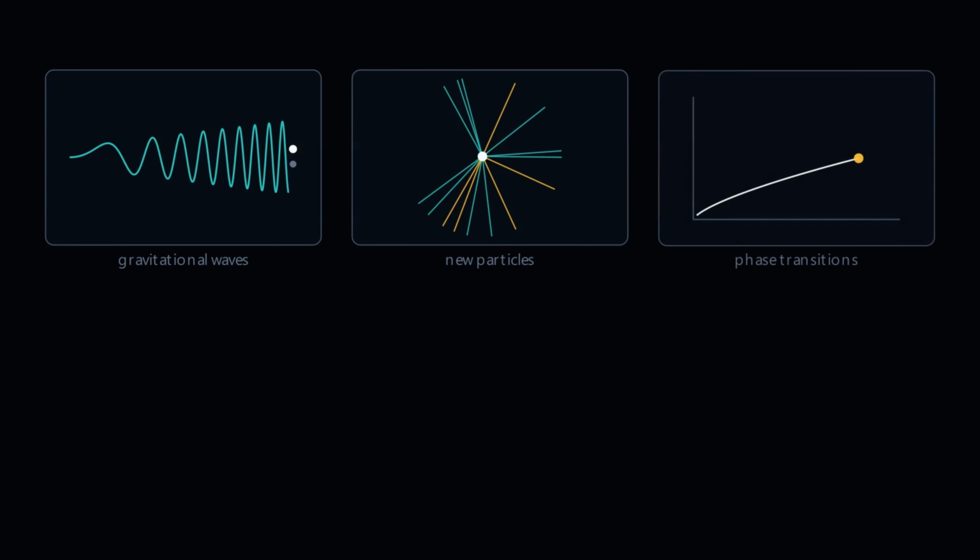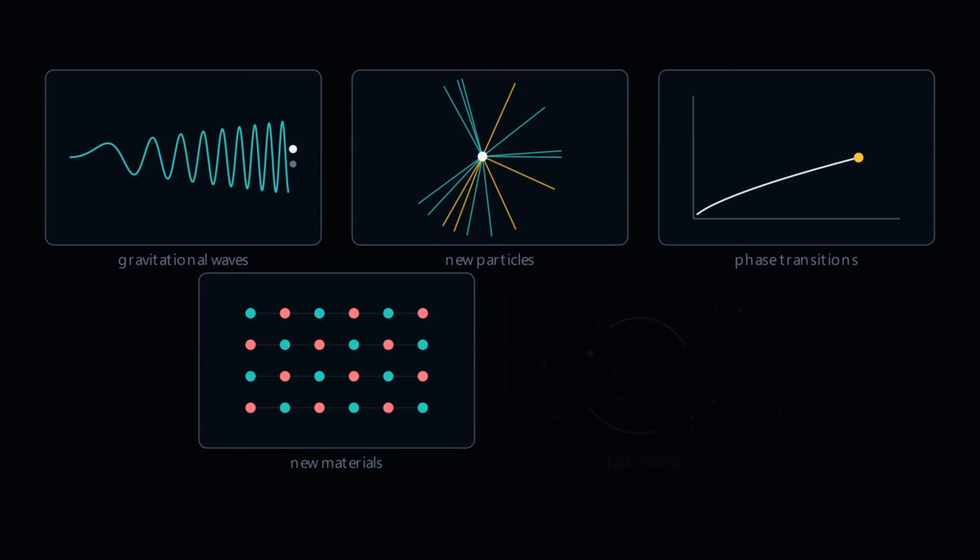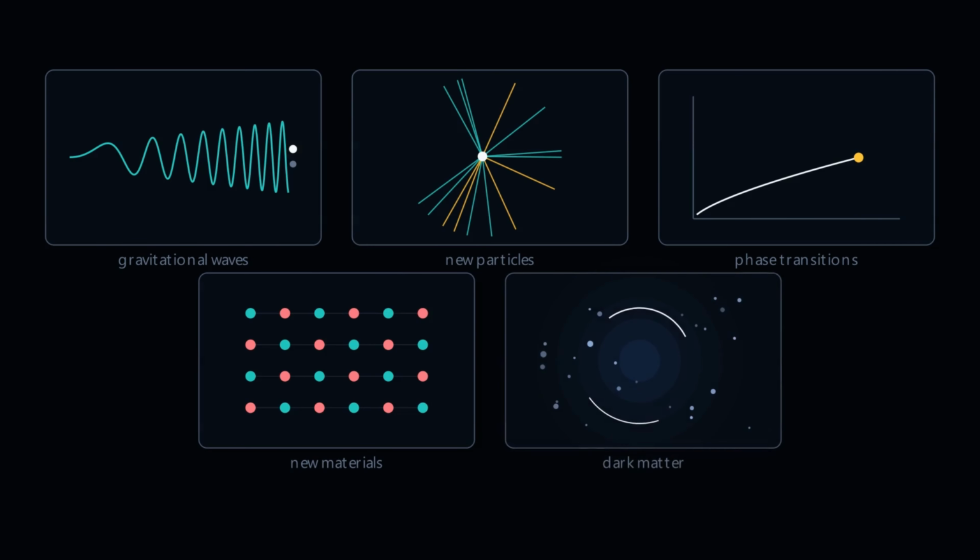Physics uses AI to denoise gravitational waves, to hunt new particles in collision data, to find new materials, to simulate phase transitions, to reconstruct galaxies bent by gravitational lensing, to map dark matter. AI uses physics, energy landscapes, field theory, renormalization, to get some purchase on a technology we built and do not understand.